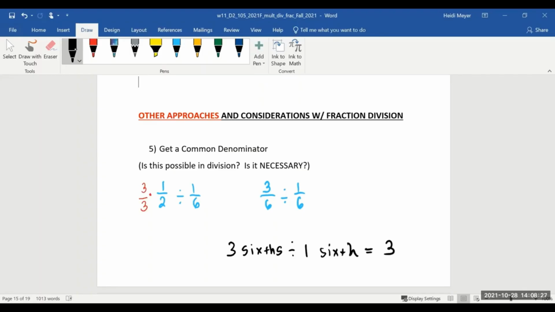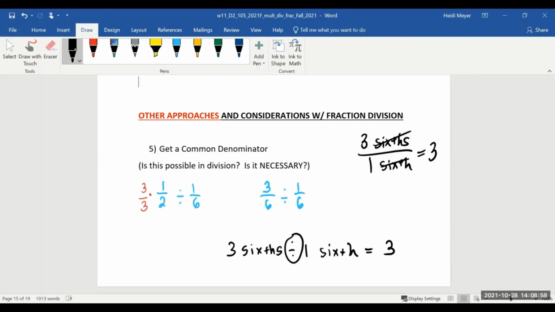The answer to that is simply 3. Or I could look at it another way. I could say 3/6 over 1/6, right? Because a division symbol could be written as a fraction bar. The 6ths cancel. 3 divided by 1 is 3. Isn't that the answer we've gotten all along? It's actually shorter. You don't have to get common denominators to divide.